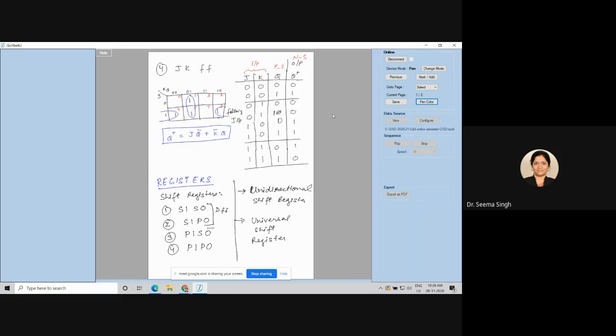And along with these, we have seen with this circuit, the unidirectional shift register, parallel in, serial out and parallel in, parallel out, and it was also taking care of these two. So these things I have taught you. In the next class, we will see the universal shift register, which is a little more complicated than all these things.